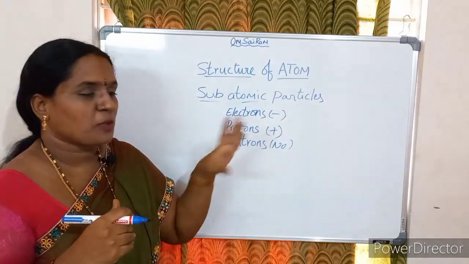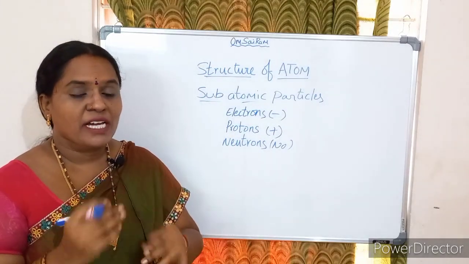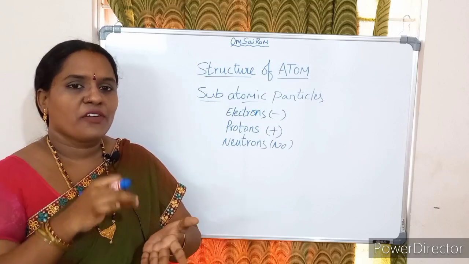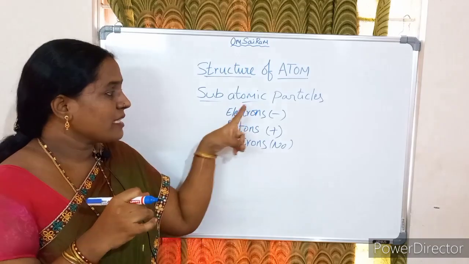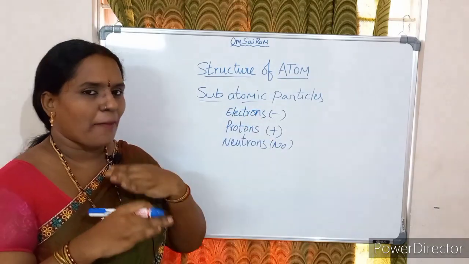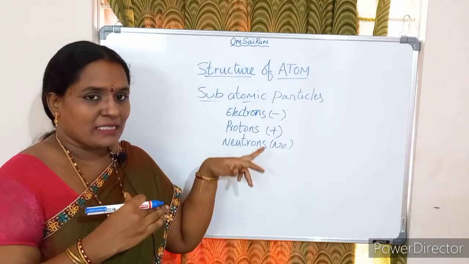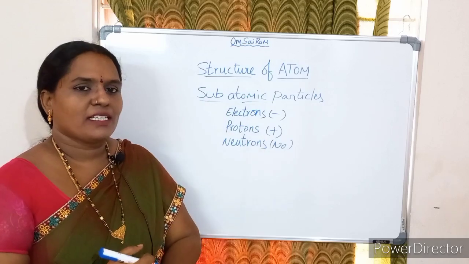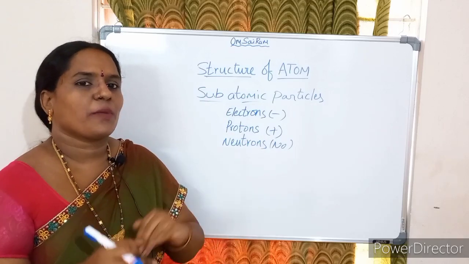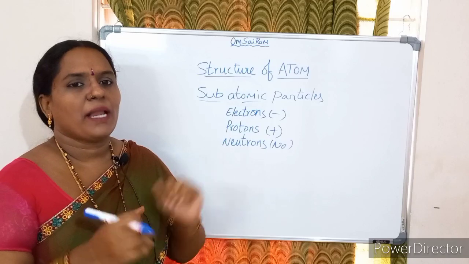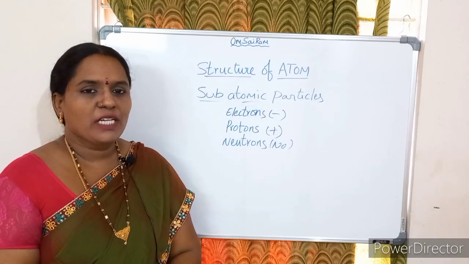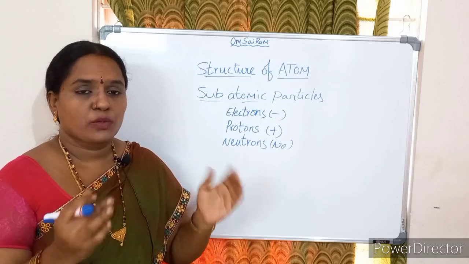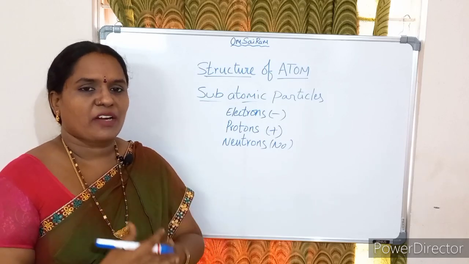Similarly, the positive charge is distributed all over the atom, and the electrons were embedded in the positive charge, like the seeds of the watermelon in the pulp. But that model failed to explain the stability of the atom.